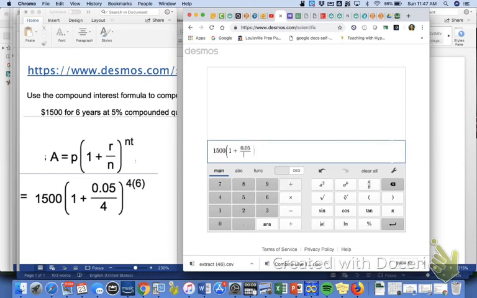Hit the divided by button, 4. Remember to click in the window. Right here is where my cursor is clicking, even though you can't see that happening right now. So that my cursor is outside. Close the parentheses. Hit this little A to the B power button. And then 4 times 6. And then voila, there's my answer.